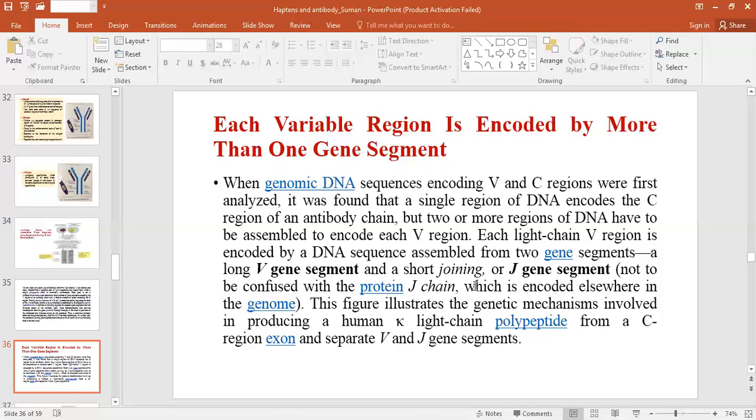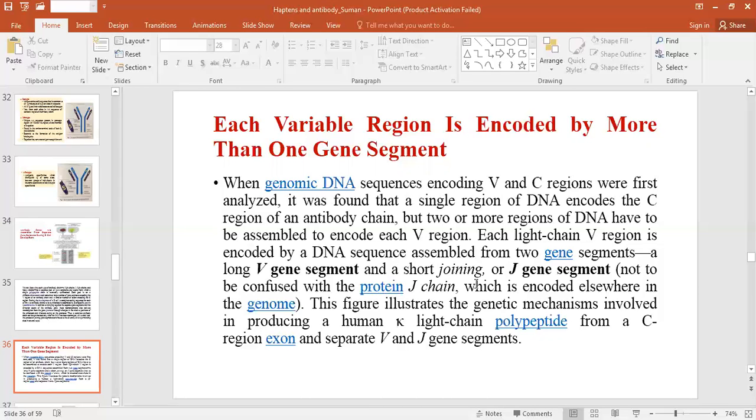Each light chain variable region is encoded by a DNA sequence assembled from two gene segments: the long V gene segment and the short joining segment, known as the J gene segment, which is not at all similar to the J chain of immunoglobulin, which is encoded elsewhere in the genome.